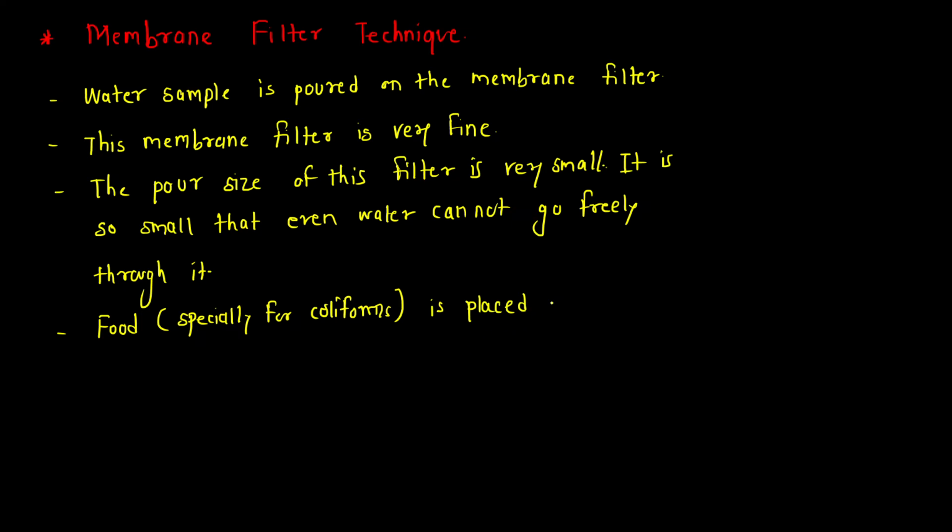Food is placed on this membrane, and once the food is placed on this membrane, the water is transferred through this filter. There are a certain number of coliforms which will get attached to this membrane, same as we have seen for suspended particles.